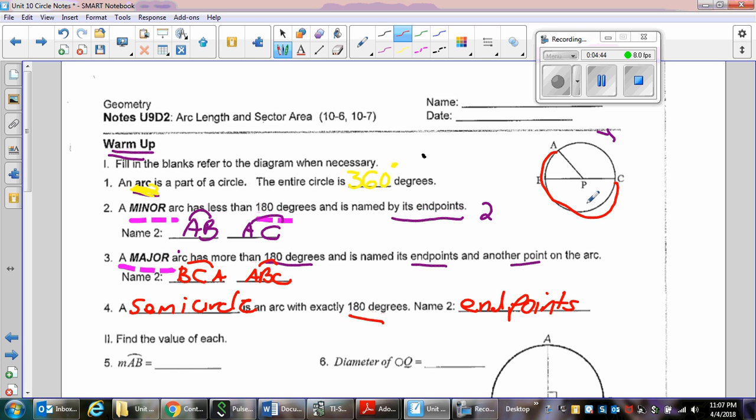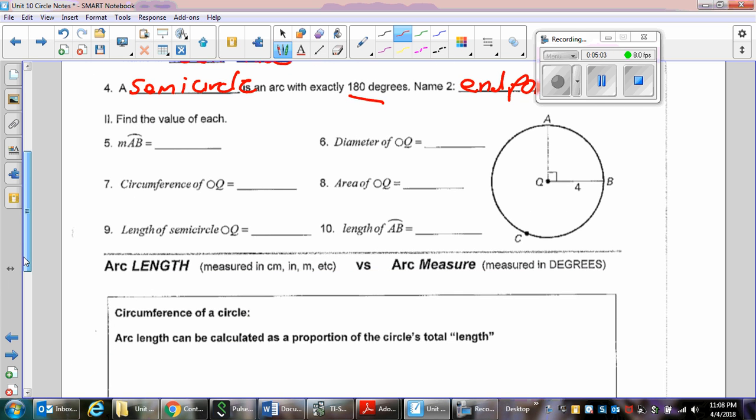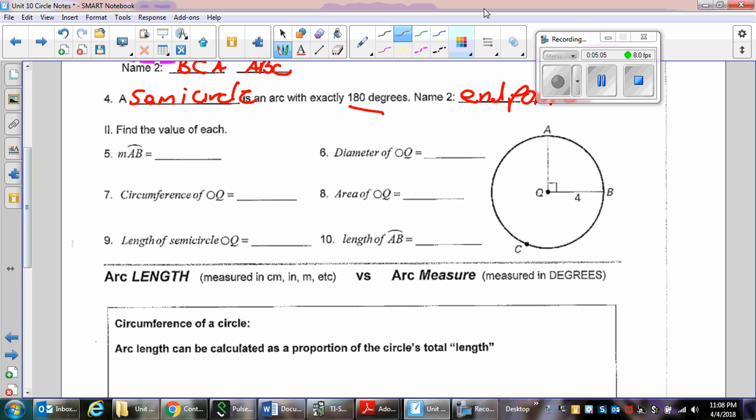So if I say BC, either direction, it's going to be half a circle. But if there's a letter right here, let's say that's E, I can also use BEC to show you which direction. Either way, it's still going to be 180 degrees. The semicircle is always 180 degrees, so it doesn't really matter which way you name it.